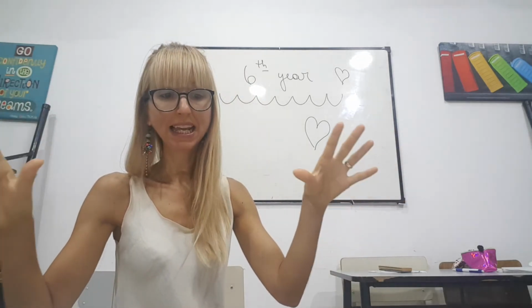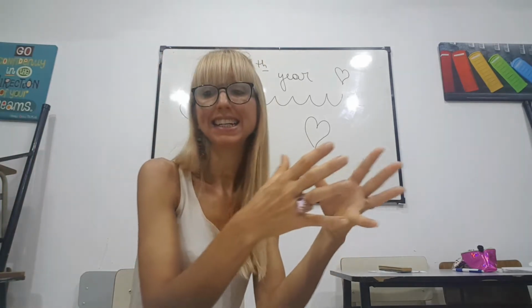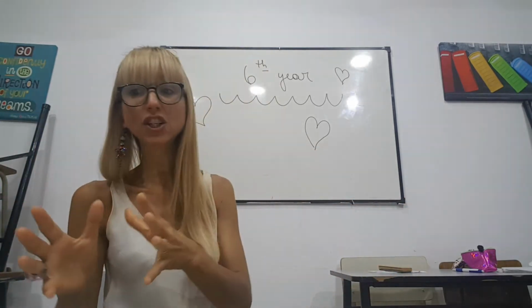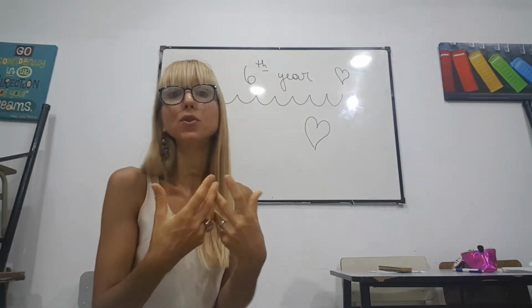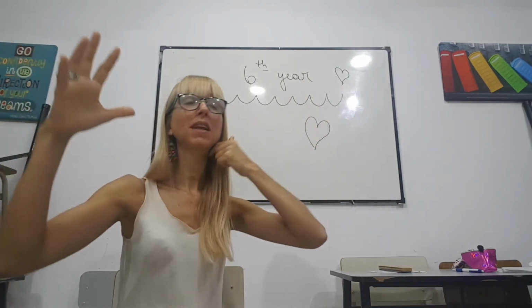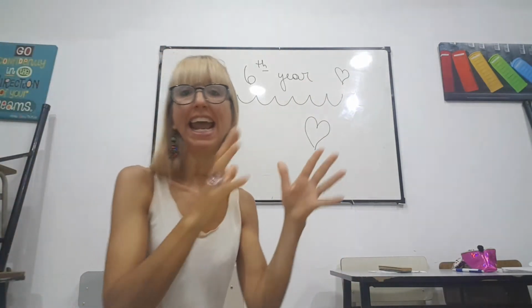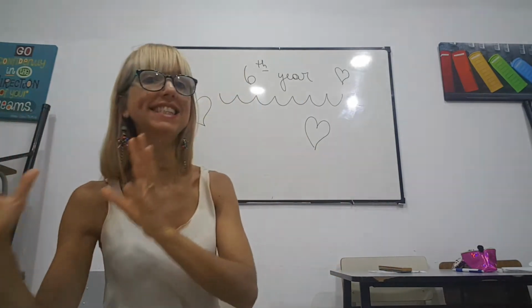Okay? So, to make the simple aspect and the continuous aspect, we have to use verbs. In English, there are two main categories of verbs, which are action verbs and state verbs.